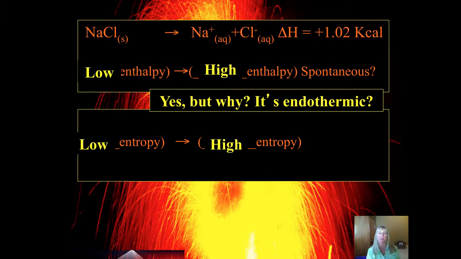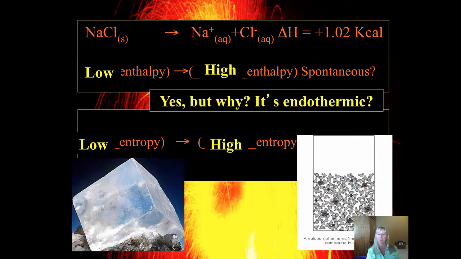Now I'm grabbing a piece of paper because I'm getting ready to do a little demo here. So here's a solid block of salt. I'm not sure it's salt, but let's pretend it is. And over on the far right, that's what salt looks like when it's all dissolved. Pretty messy. That's what entropy is. The universe prefers reactions to go if they create products that are more disorganized.